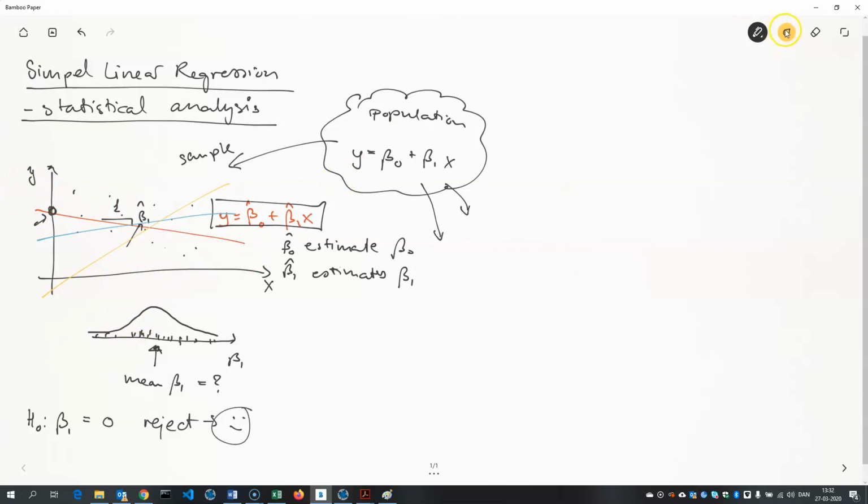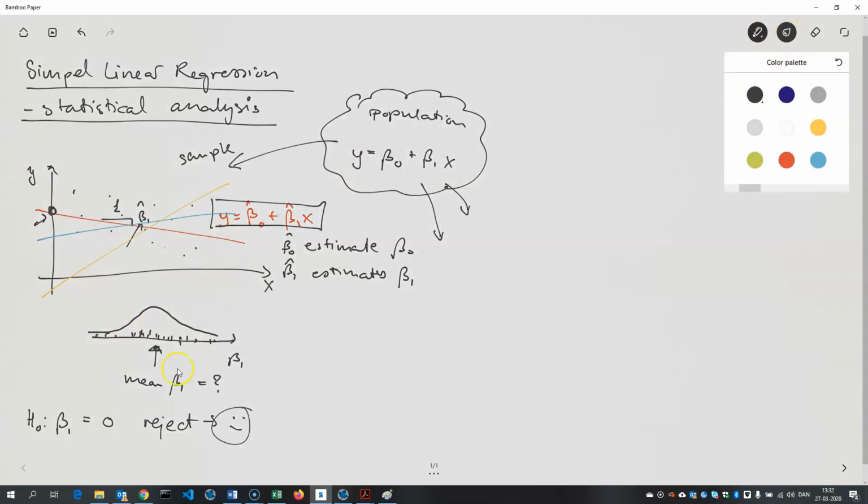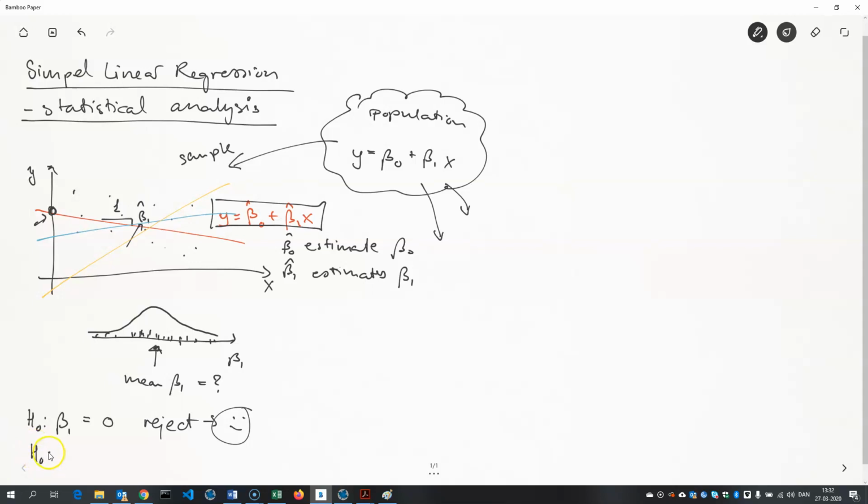And of course, we could ask the same question for beta naught. Is it significantly different from 0? That is, this intercept up here, could it just be 0? The reason we got something different from 0, is that just randomness, or does it have a significant difference from 0? Those are the two hypotheses that we want to test.